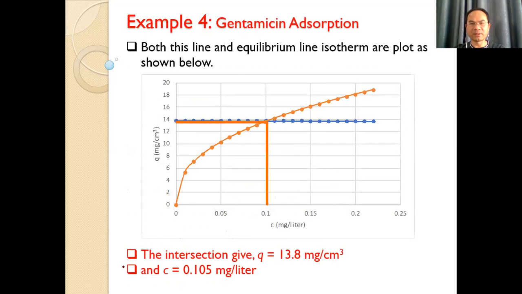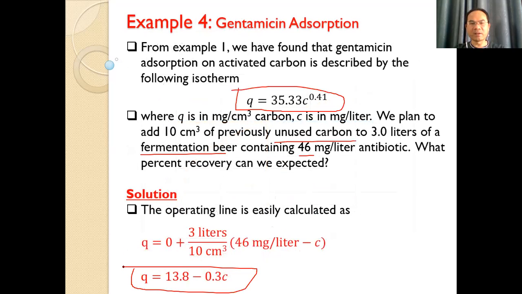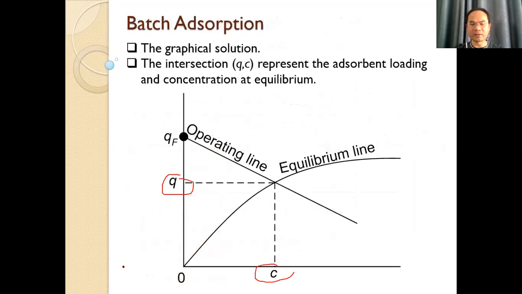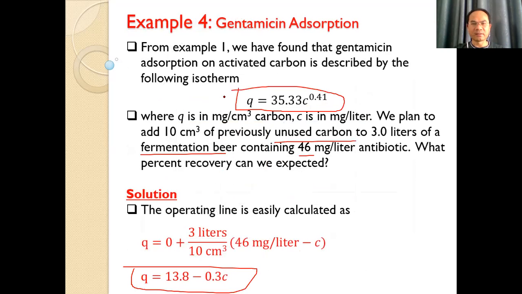Then you plot Q based on the operating line and Q based on the isotherm.